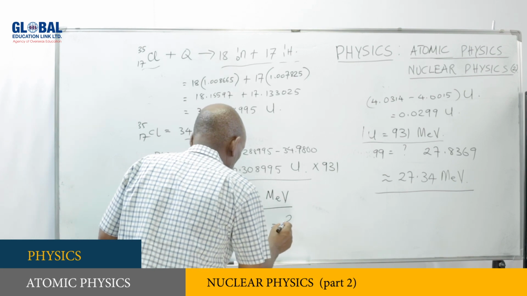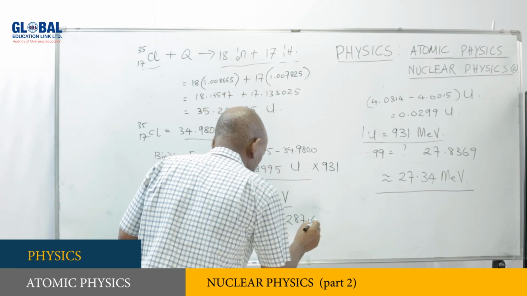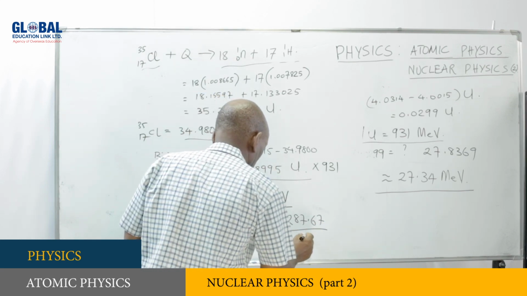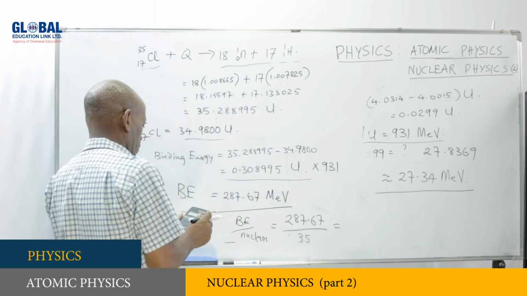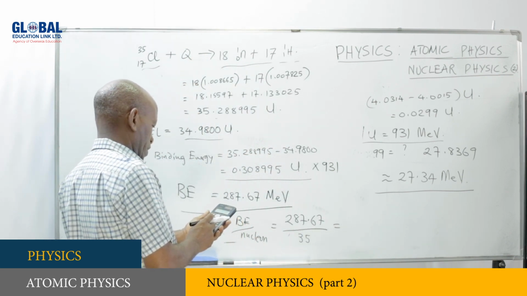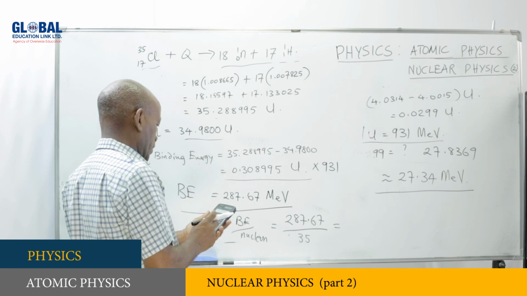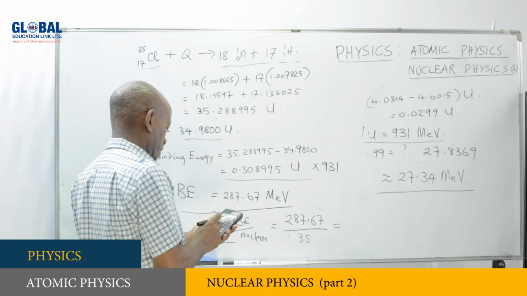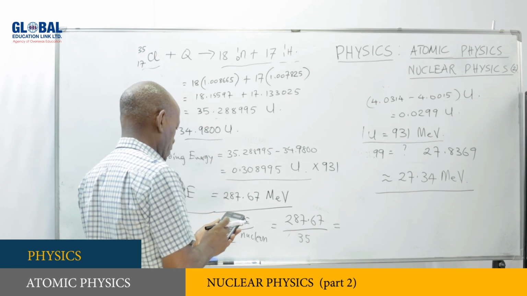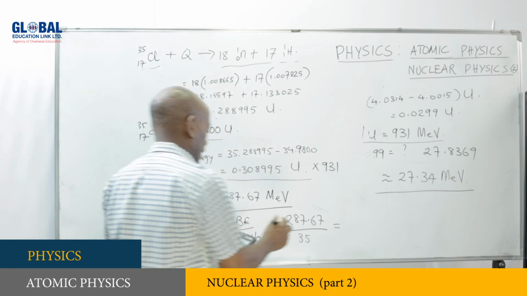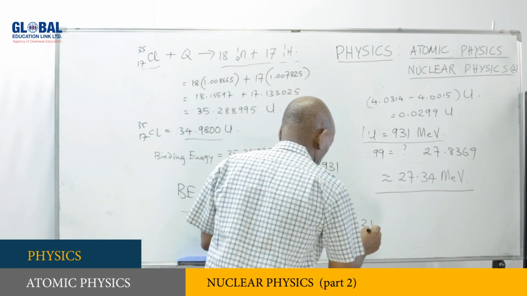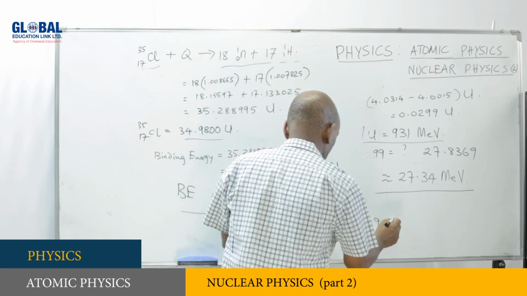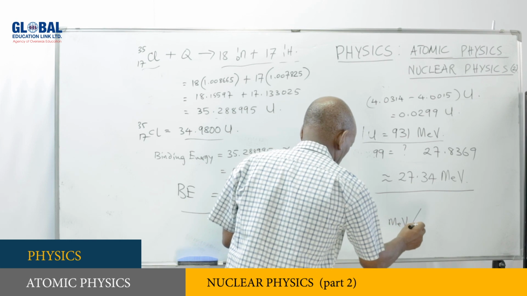we are just going to take 287.67, we divide it by 35. So if I take the whole of this much, 287.674345, divide by 35, then I'm just going to get 8.219 mega electron volt per nucleon.